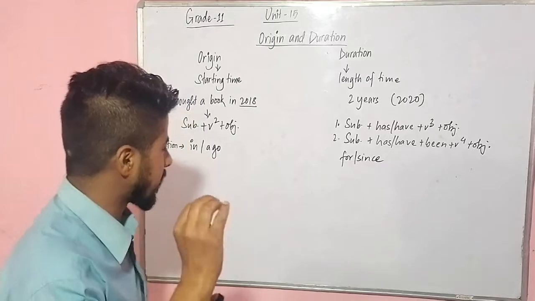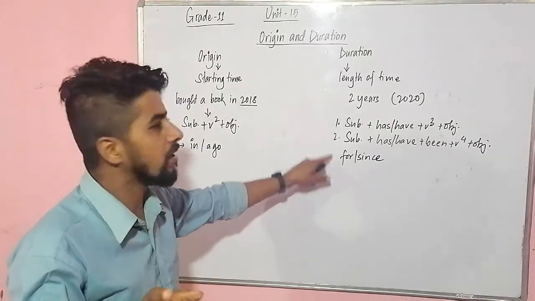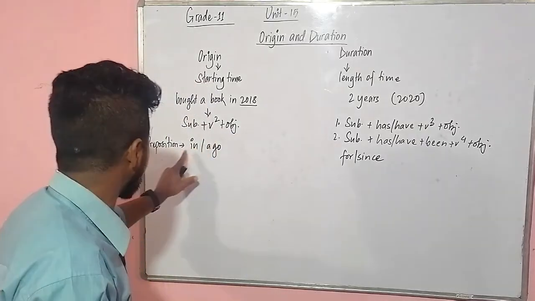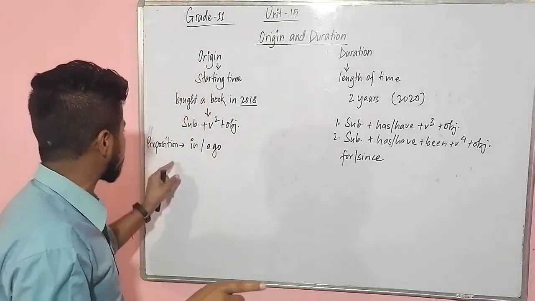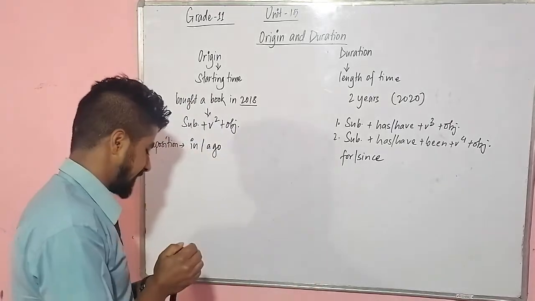Is it clear? For or since is used as a preposition while giving the answer for duration, and similarly in and ago are used as prepositions while giving the answer for origin.